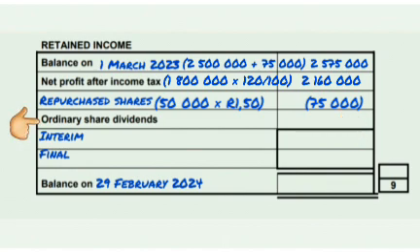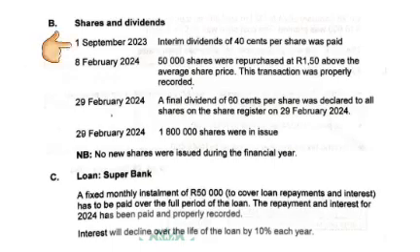Then we move on to our ordinary shares, which start with interim. We need interim and final, but let's start with the interim dividend that we paid. It says in information B, on 1 September 2023, interim dividends of 40 cents per share were paid. Now, when it comes to paying of dividends, the number of shares that you are going to use to calculate the 40 cents depends on the date.